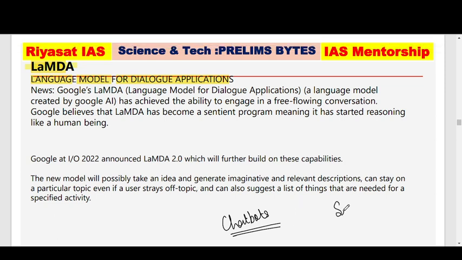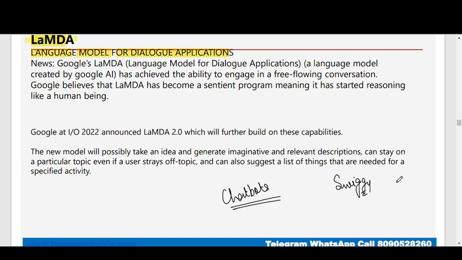For example, Swiggy, Zomato, you must have ordered food from there. The customer service agent doesn't talk to you initially. First the bot will come and say good evening, what are the following issues? Present order, previous order, or any other issues. Then you mark whatever you want. So basically these are chatbots talking to you, providing you assistance.